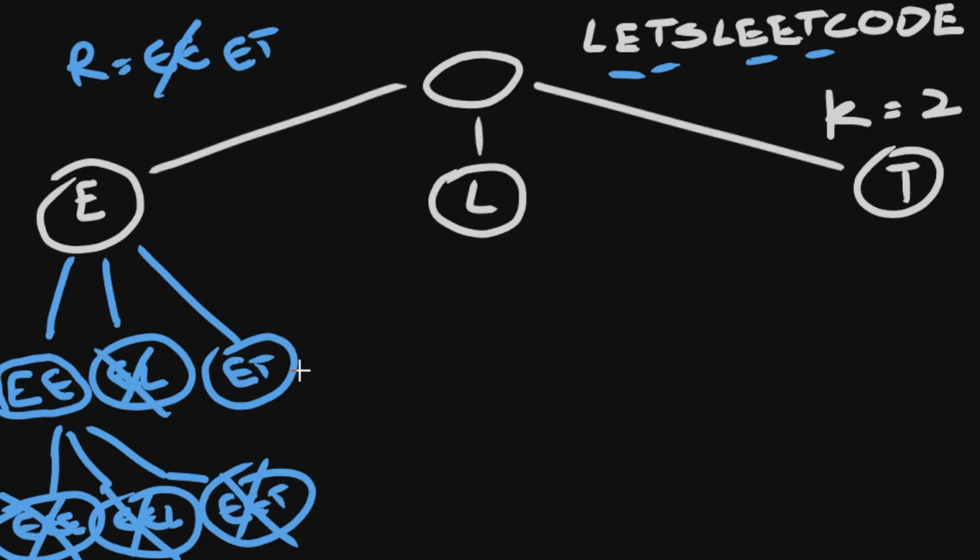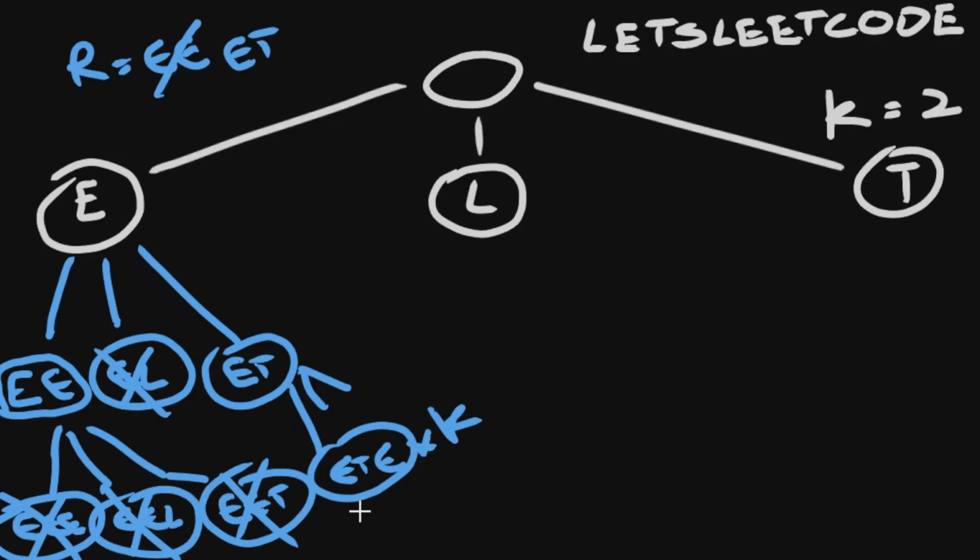So from here we will have 3 more branches, and one of these branches will be ETE. So we are looking for ETE times k in the string, meaning ETE ETE because k is 2. And here we have ETE ETE.